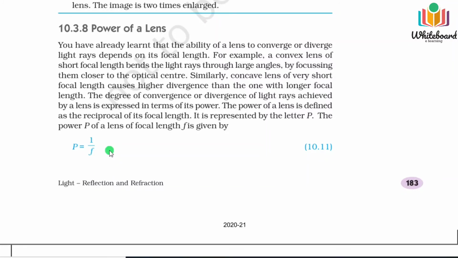That means it has the ability to merge them faster, very close to it. Then it has more power with respect to the second one. So this can be measured by the reciprocal of focal length. So if the focal length is very small, then the power will be greater.